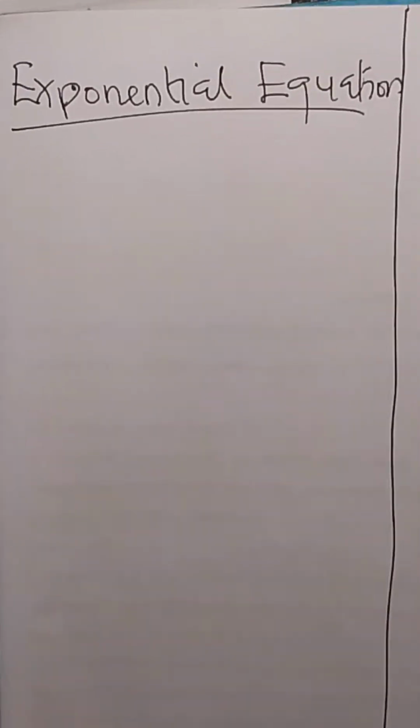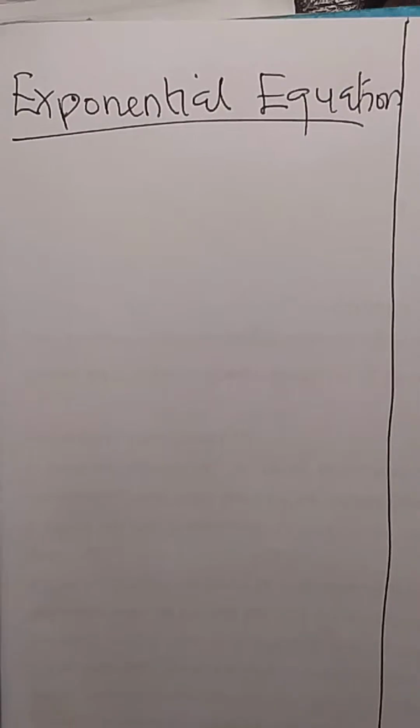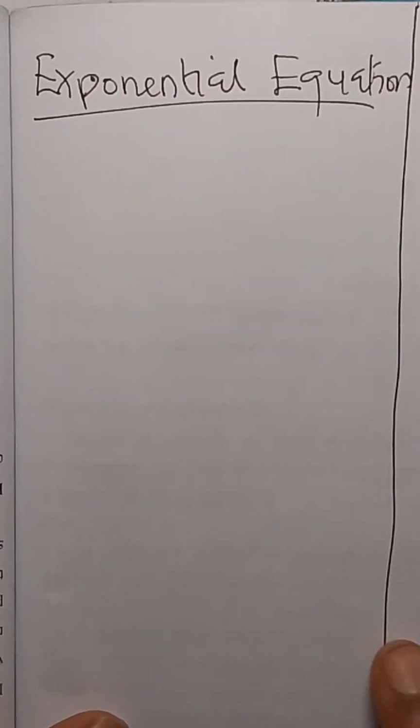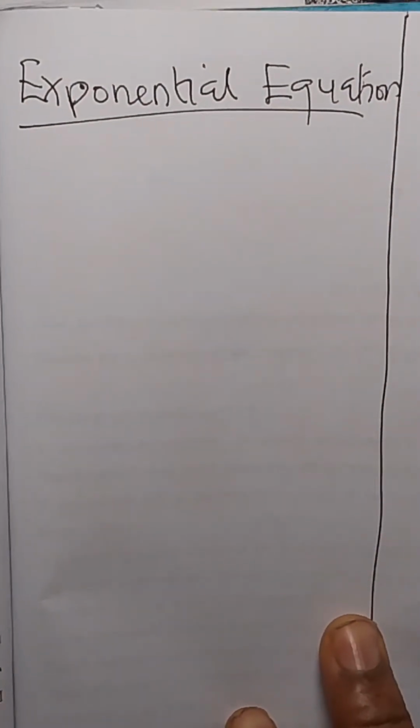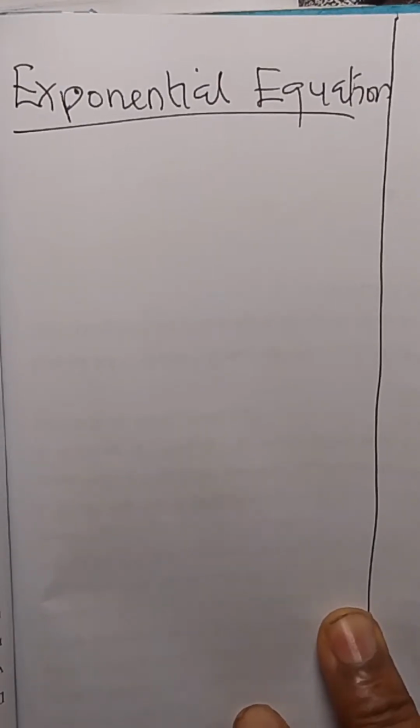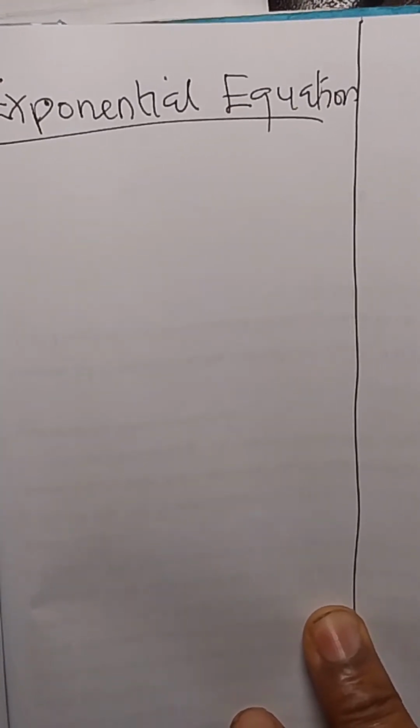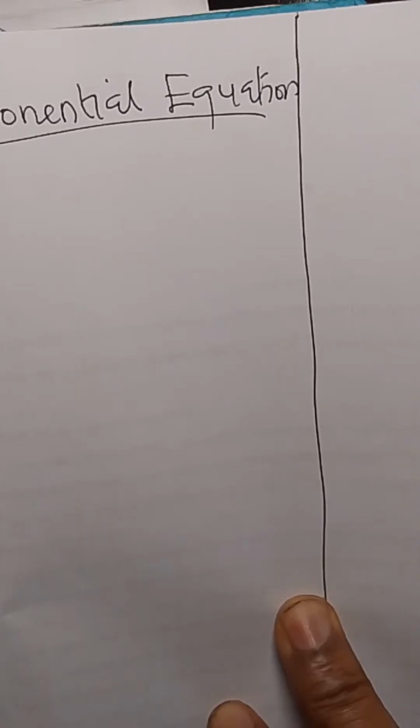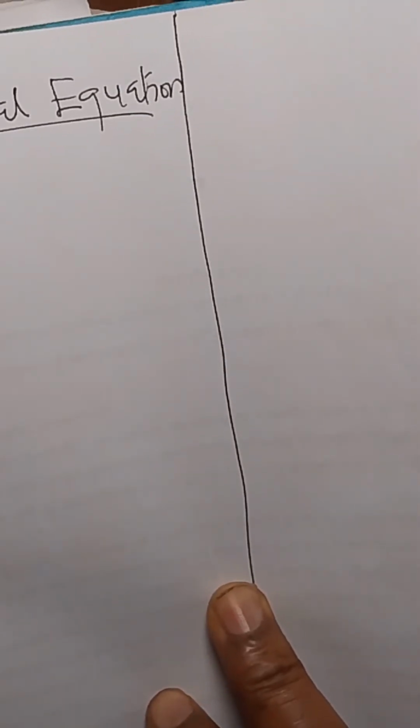So we've finished maths class on long polynomial, and if you want to still watch it, you can replay the live section. It will be there on my profile. So we are going to learn exponential equation.